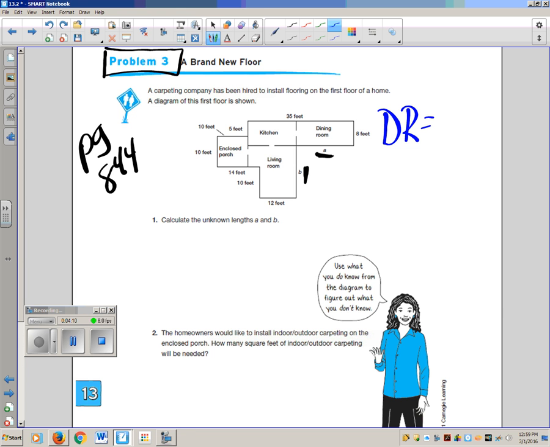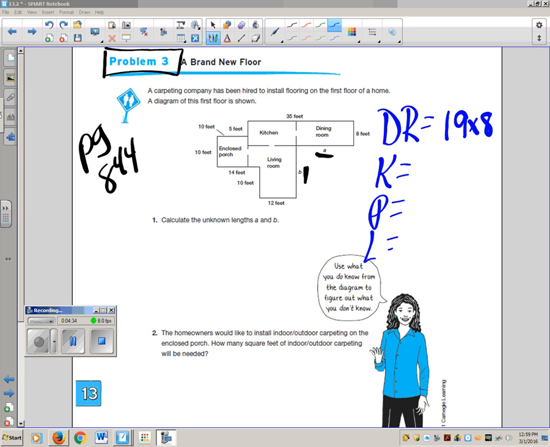Right, dining room equals, kitchen equals, porch equals, living room equals. We are going to write the dimensions of each room. For the dining room, you should have, it's 19 by 8. The kitchen is 16 by 8.